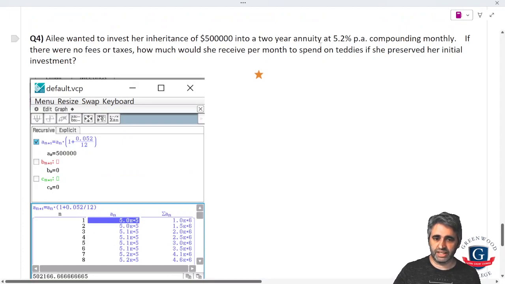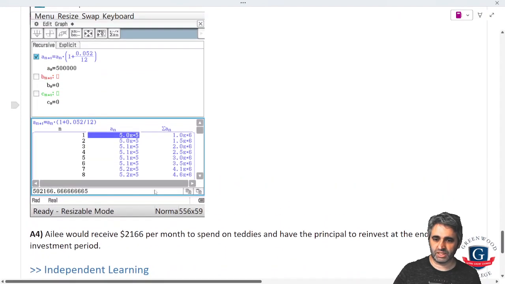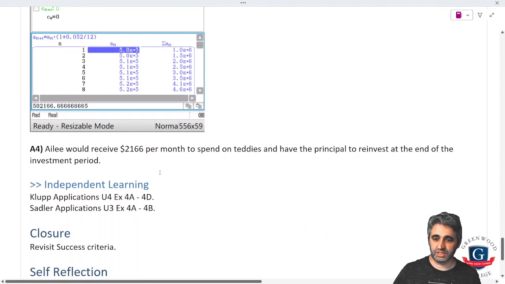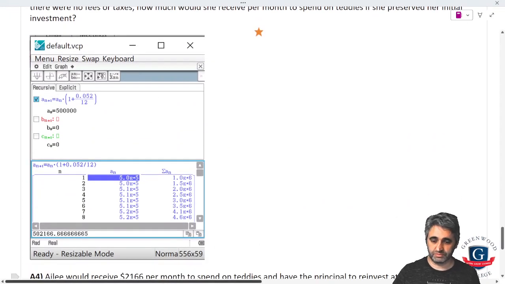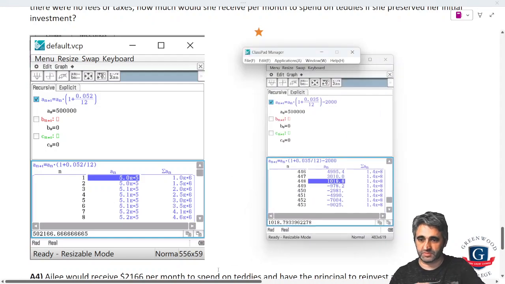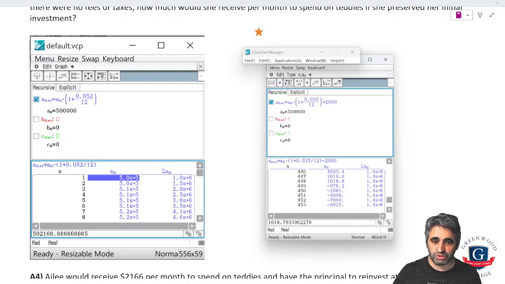Here is a 2-year annuity at 5.2% per annum, starting at 500,000, increasing at 5.2 div 12% per month, going down, down, down. And if we look at it at 12, we would see that, well, let's do it. 0.52.